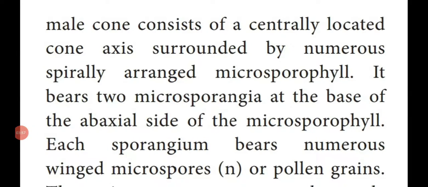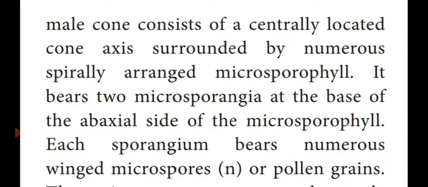See the paragraph. At the center of the male cone is the central axis, surrounded by numerous spore-bearing leaves known as sporophylls or microsporophylls. The microsporophyll bears two microsporangia at the base of the abaxial side of the microsporophyll.